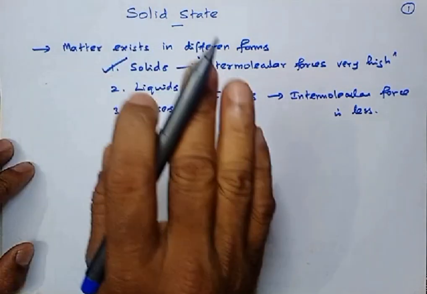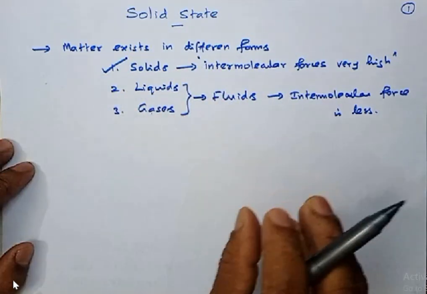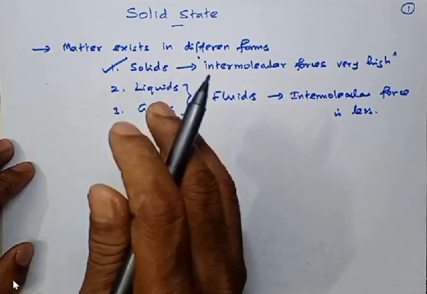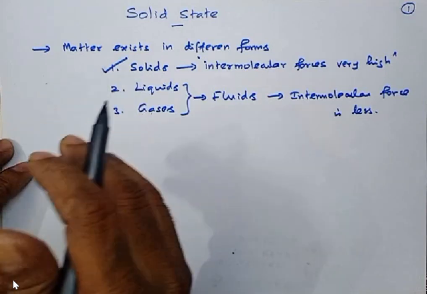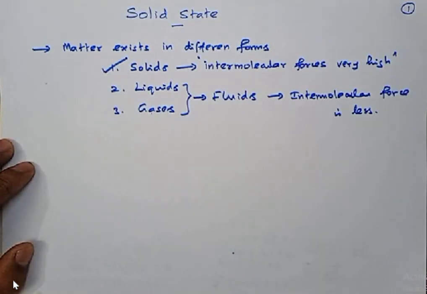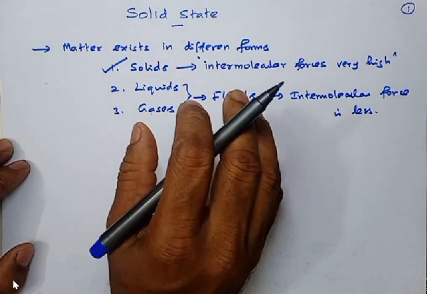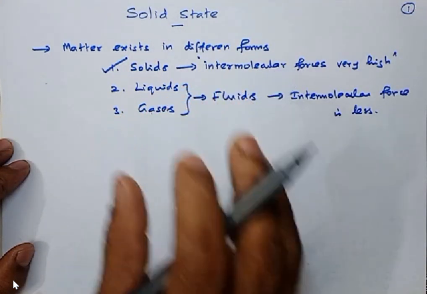But in solid state topic, I am going to discuss only the basic ideas. I am not going to discuss many in-depth concepts in this chapter. Okay, right. So this is the introductory information about solids.